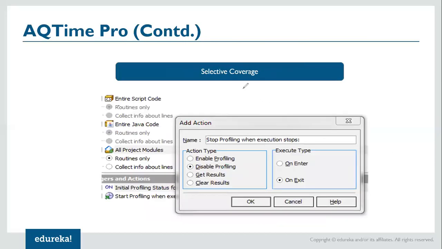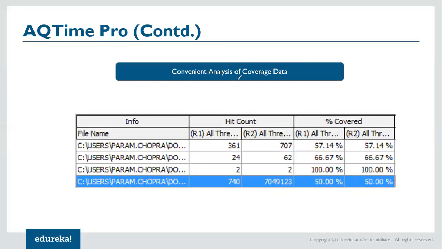Then you can do selective coverage. For example, how and when you want to do this, you can choose whether you want to enable or disable profiling. So selective coverage is also possible. Then you can do convenient analysis of coverage data.